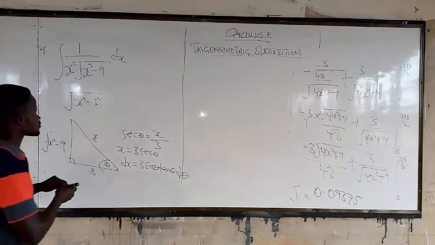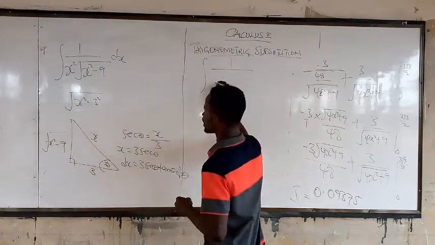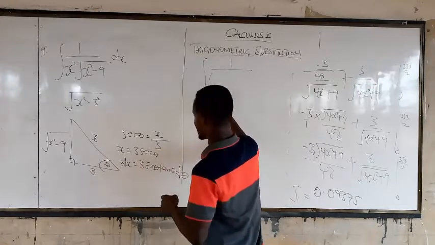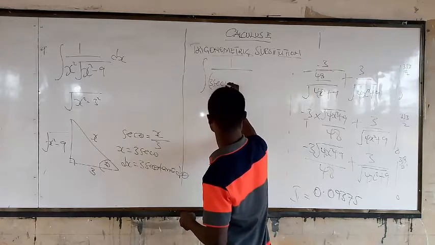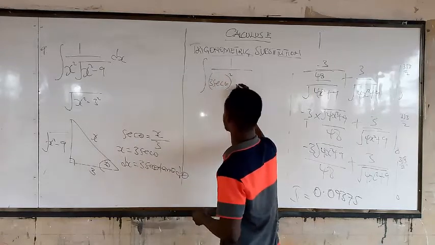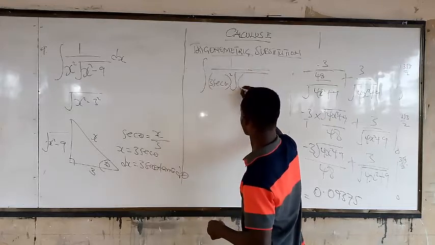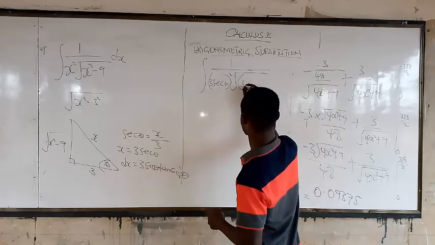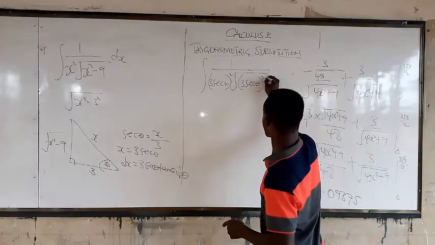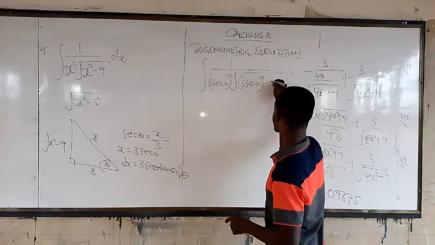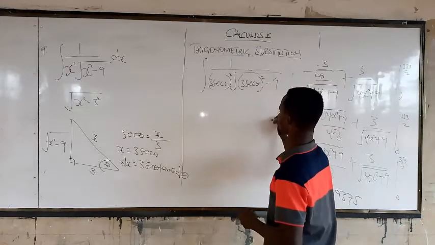Let's go and use the substitution. Integral of 1 over the s squared we have there, we have 3 sec theta all squared, and square root of 3 sec theta all squared minus 9.